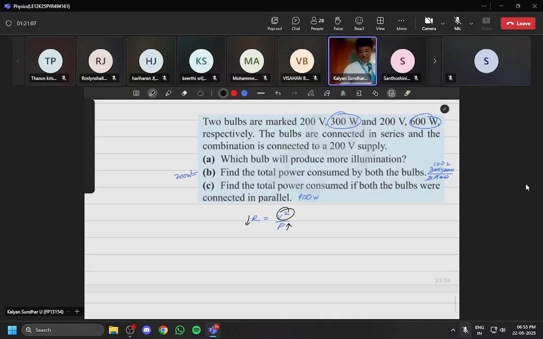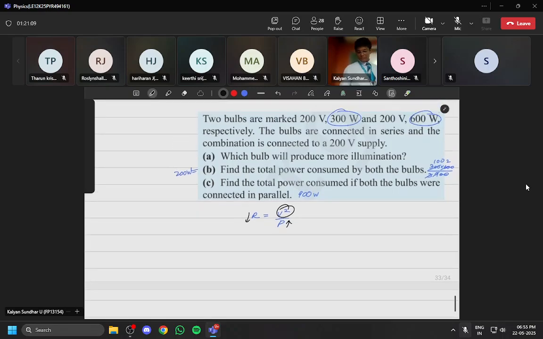Who has P naught 1 less than P naught 2? When they are in series, R2 will be greater than R1. So resistance 1 will have the lesser value, so more current will flow. Therefore the first bulb will have more illumination.